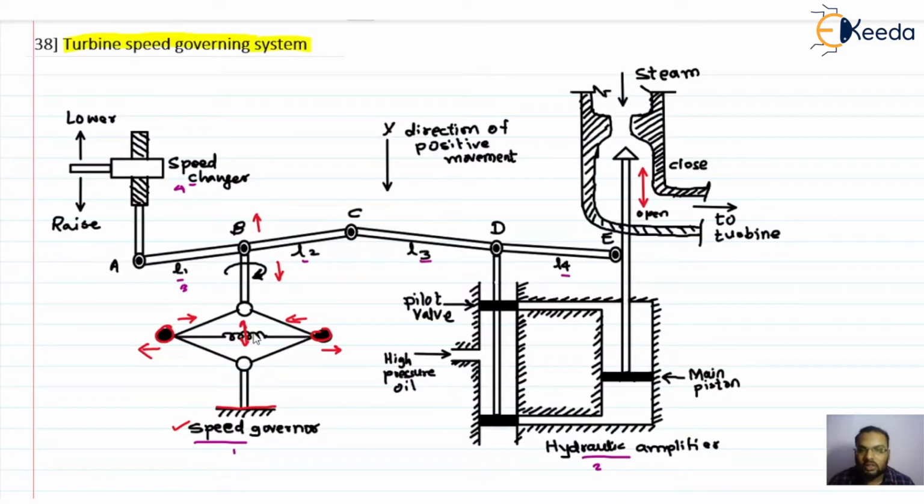Changes in speed are nothing but changes in the frequency, because as the speed changes, the frequency will change in direct proportion. So it is sensing the change in speed, or the change in frequency, and accordingly it is giving some movement. This is how the speed governor operates in this turbine speed governing mechanism.